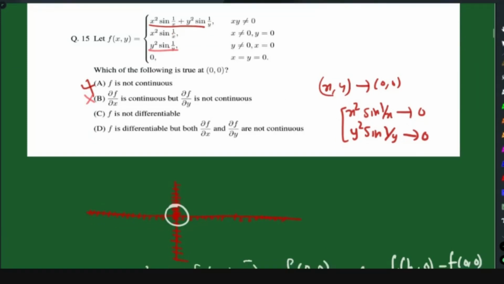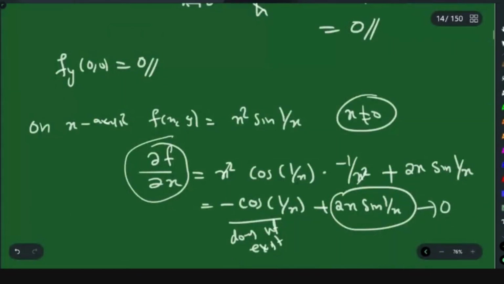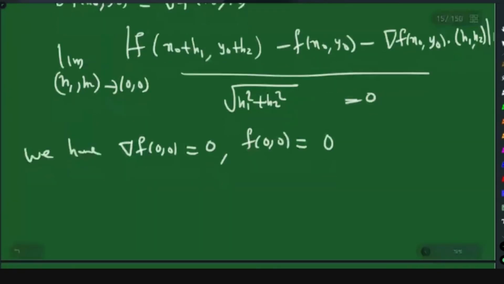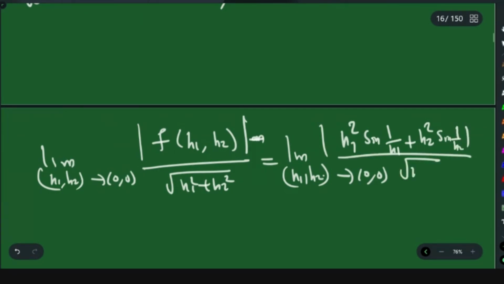Each case you can separately do, or you can directly substitute that. This value will give you modulus of h1 square sine 1 by h1 plus h2 square sine 1 by h2, divided by root h1 square plus h2 square.